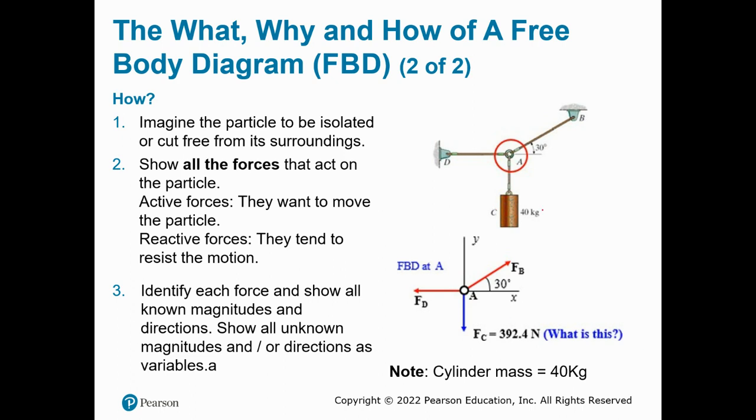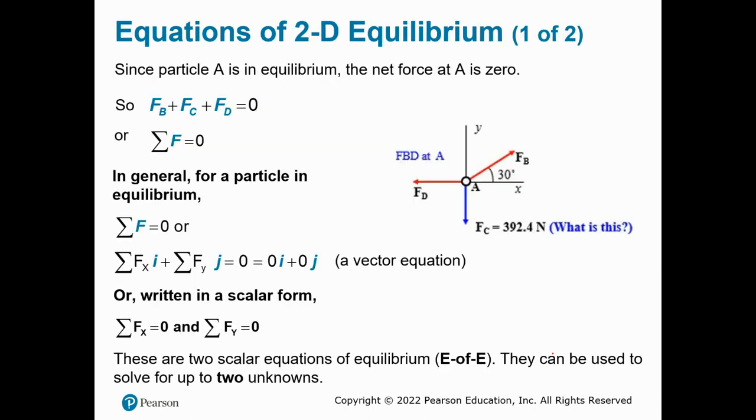For example, we know the weight pulling down is going to be 40 kilograms times 9.8, which is 392.4 Newtons. That comes from 40 times 9.8, which gives you the Newtons. 40 kilograms was given, and we converted the mass to force. So identify all the forces that we know, show their magnitude if we know it, show the direction if we know it, and show all the unknown forces and directions as well.